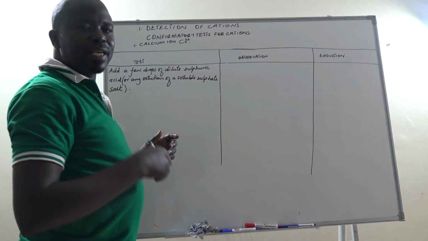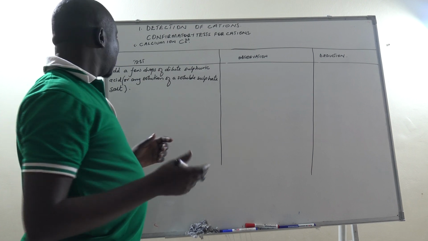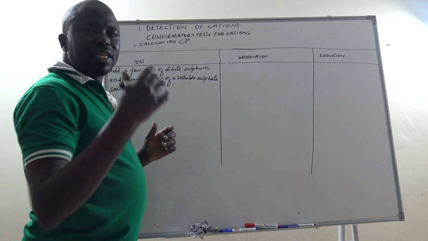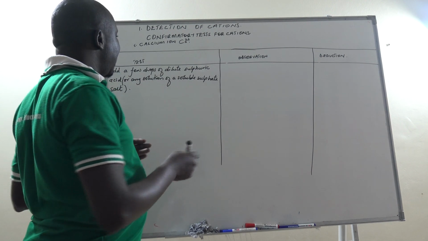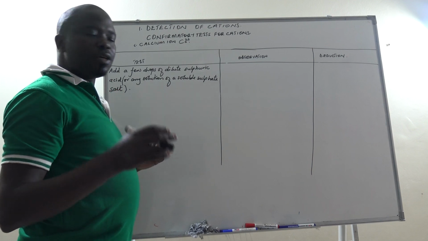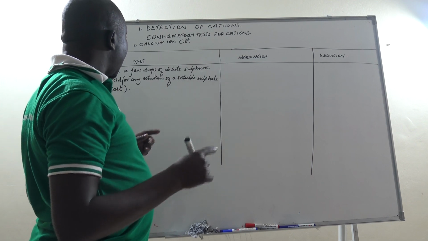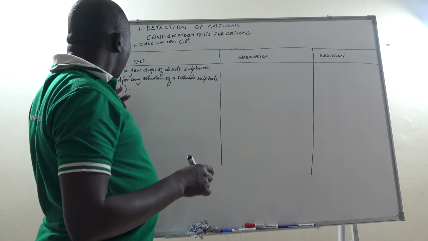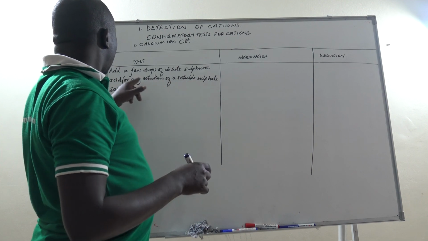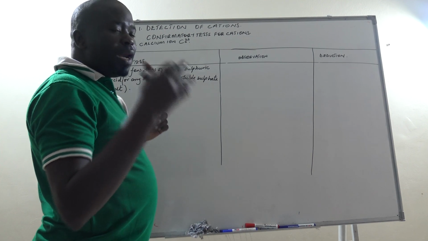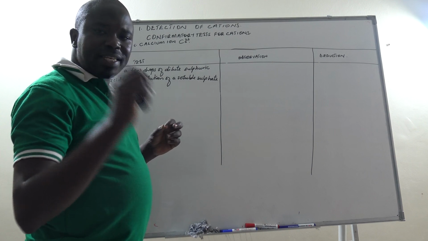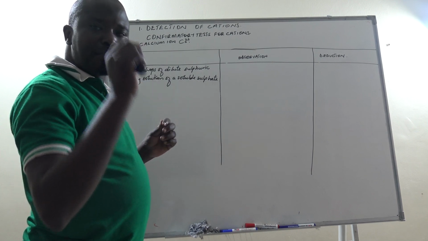So we can have, say, copper 2 sulfate solution, or it can be potassium sulfate solution, or it can be sodium sulfate solution. And in this case, you must know that the salt, the soluble sulfate salt, whose solution we shall use, will be chosen depending on its availability and price.